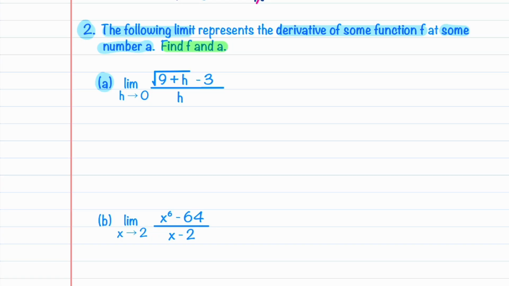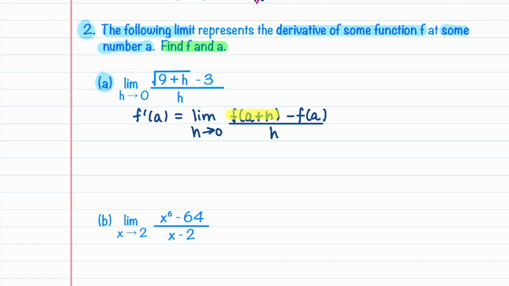In part A, our limit is going to correspond to this definition of the derivative. F prime at a is the limit as h goes to 0 of f of a plus h minus f at a, all divided by h. Now what we're going to do is compare our formula to the limit that we are given.